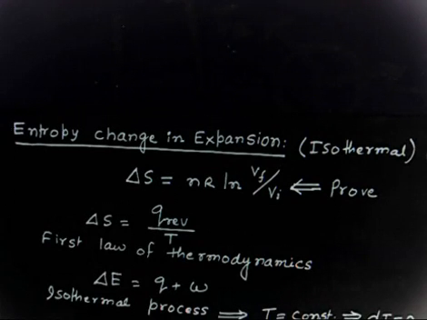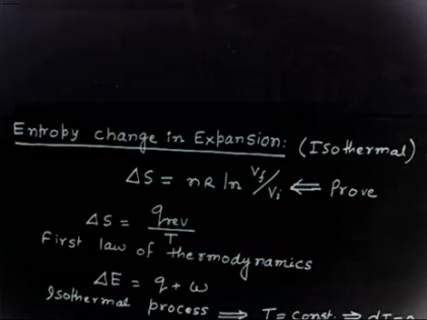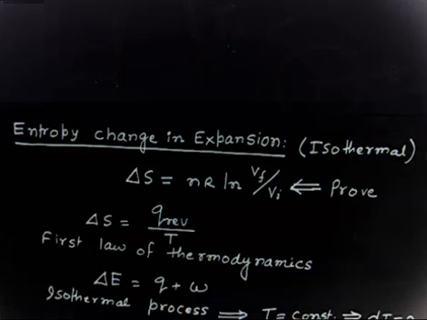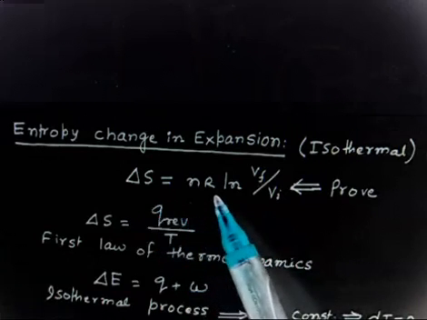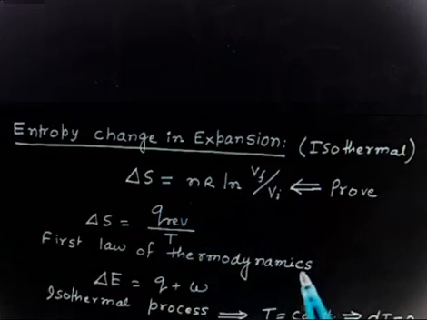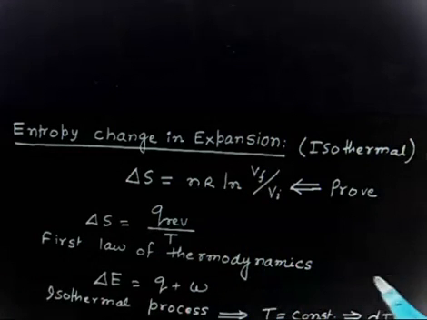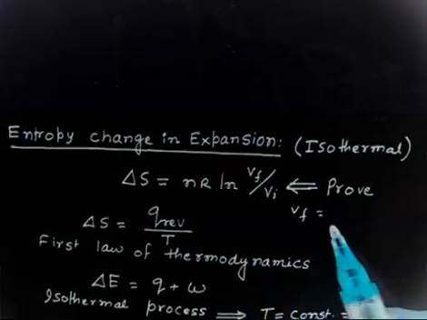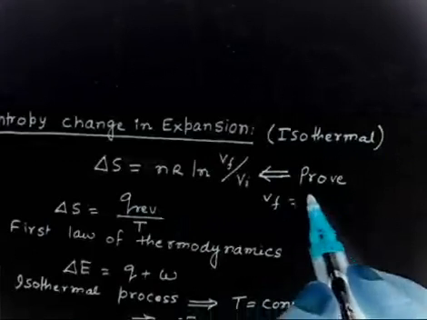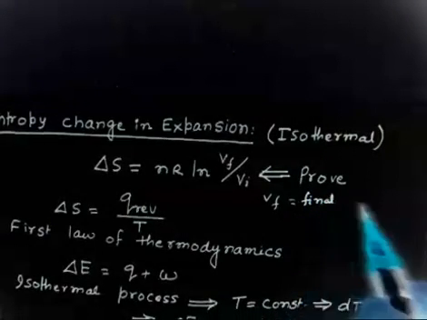Now the first result is entropy change in isothermal expansion. So I have an isothermal expansion process. Entropy change is given by delta S = nR ln(Vf/Vi), where Vf is the final volume of the system and Vi is the initial volume of the system.